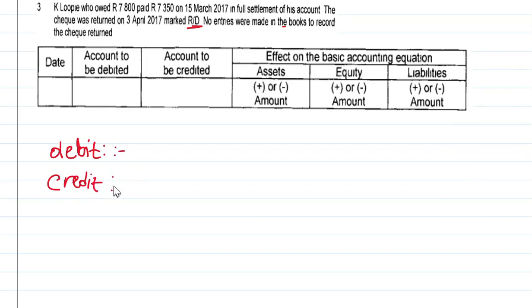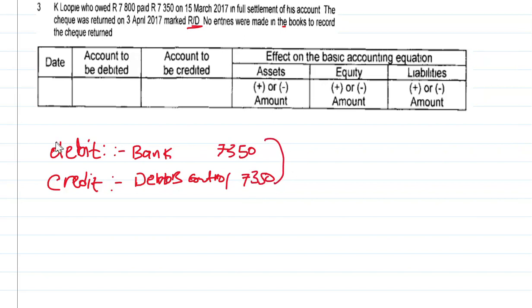What they debited was bank at the beginning, this was the original transaction, and credited debtors control, with 73.50. This was what they did at the beginning.